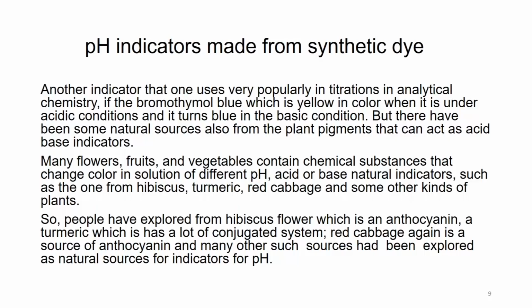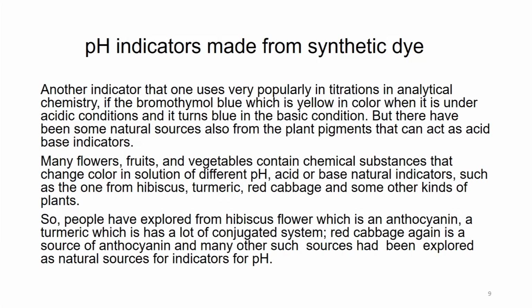Many fruits, flowers and vegetables contain chemical substances that change color in solutions of different pH, acid or base. Natural indicators can be obtained from hibiscus flower, turmeric, red cabbage and some other kinds of plants.